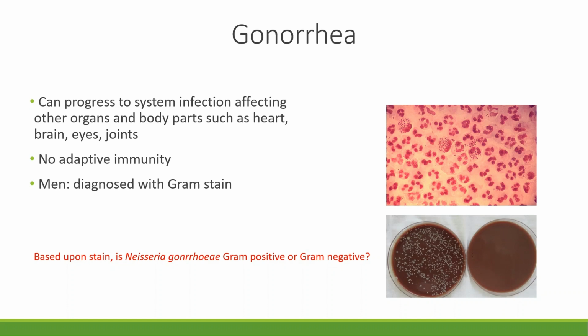And so we're looking for these organisms that are stained light pink and diplococci inside white blood cells. In women, gram stains are not as reliable due to the different microbiota that inhabit the region. And so doctors use selective culture media or molecular tests to confirm the infection.